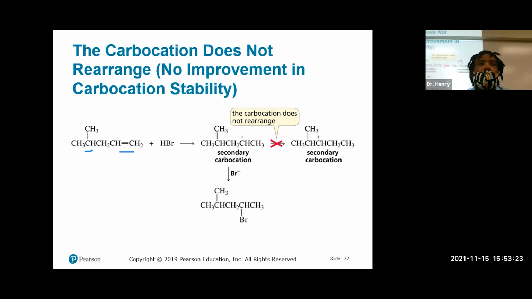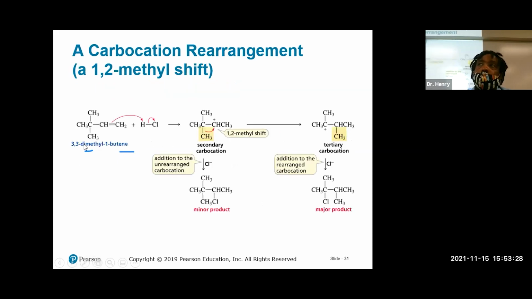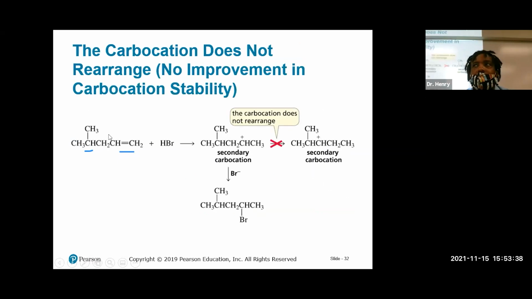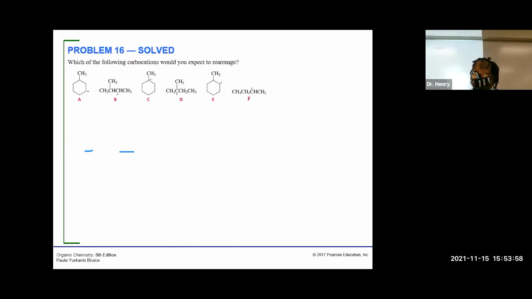Because this guy has those two other methyl groups, in this case 3 methyl groups, which give it more stability. If it takes this hydrogen from this carbon, it's not going to do any good. It's going to mess up the stability of the structure. So you're trading one bad position for another bad position. Do you guys get that? Okay, good.